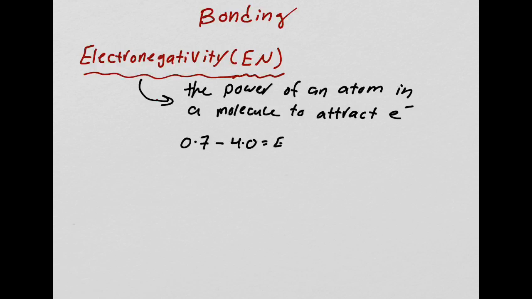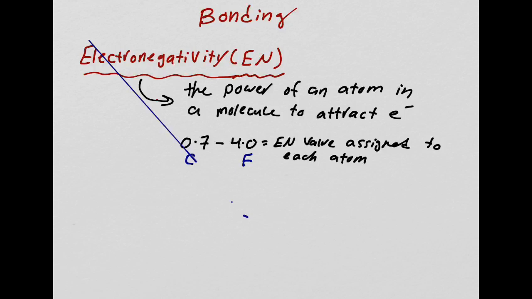So the strongest atom on a periodic table is going to have an EN value of 4, and that is fluorine. The weakest one would have an EN value of 0.7, for example, cesium. Now, what is the trend on this?